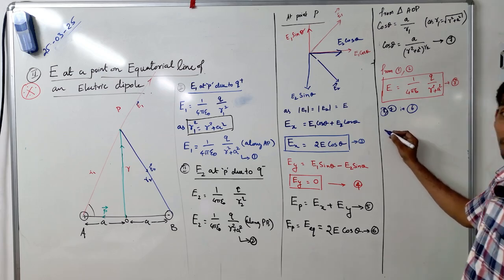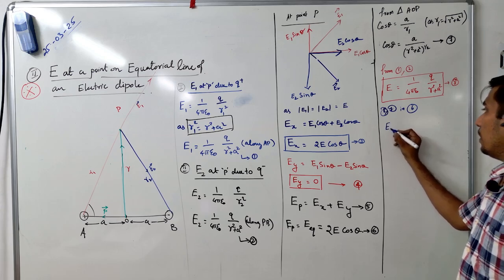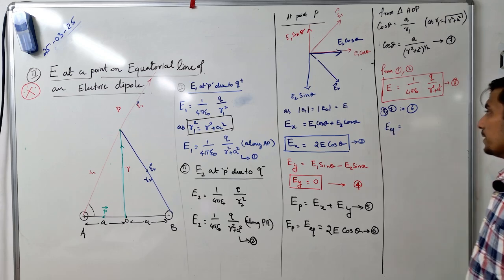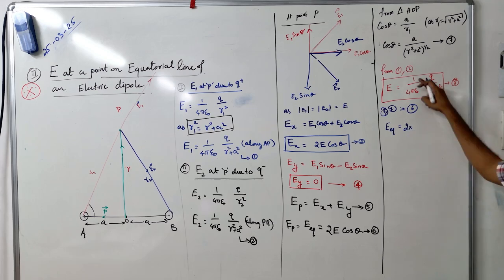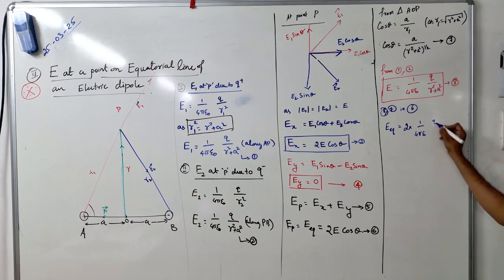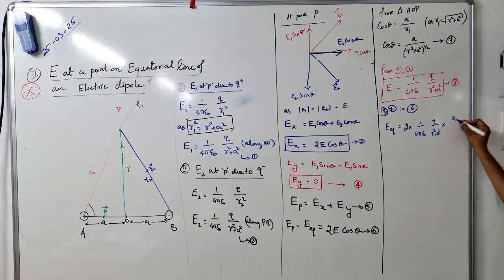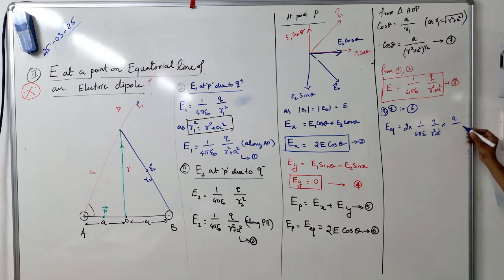Electric field on the equatorial line of a dipole is equal to 2 multiplied by 1 by 4 pi epsilon naught Q divided by (R squared plus A squared), multiplied by A divided by (R squared plus A squared) whole power 1 by 2, substituting the cos theta value.